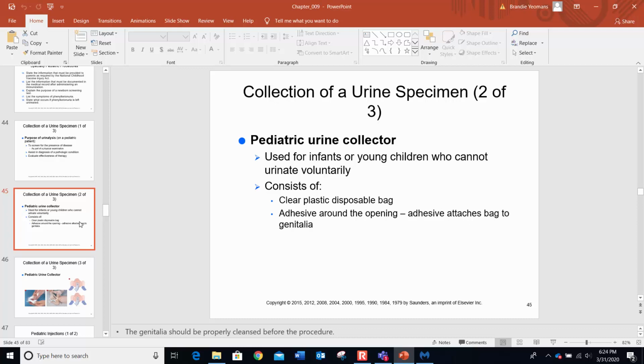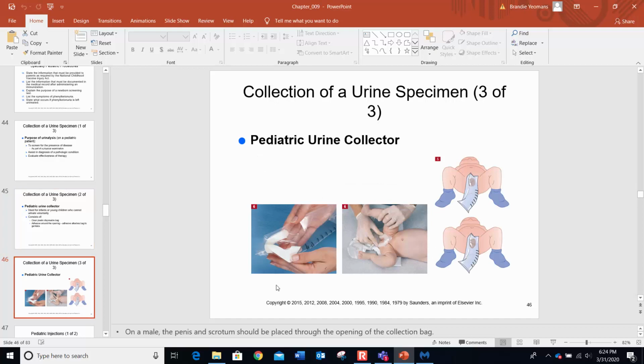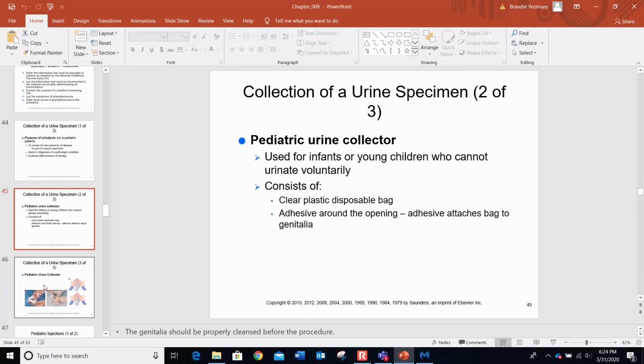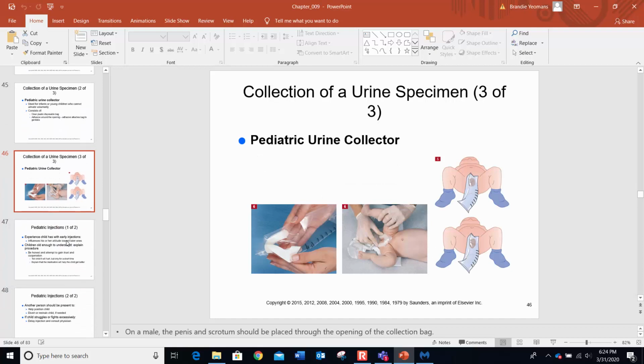So what this is, it is a little adhesive bag that you tape to the external genitalia of the patient, okay? But there's some really important information that we have to remember here. Just like we do with our adult patients, it's very, very important that we cleanse the genitalia of the patient before we actually apply this pediatric urine collector.